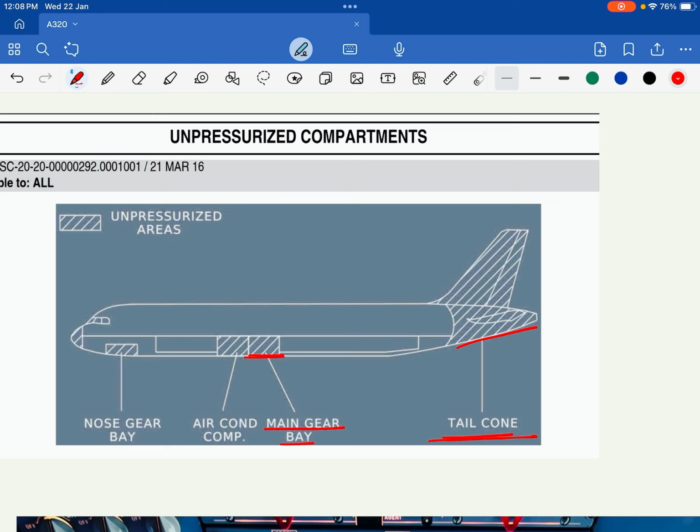Third is the air conditioning compartment. Fourth is the nose gear bay. And fifth is the nose of the aircraft. So these are the unpressurized compartments. The rest of the aircraft is pressurized because it flies at a very high altitude, and we know that at a higher altitude there is less pressure.